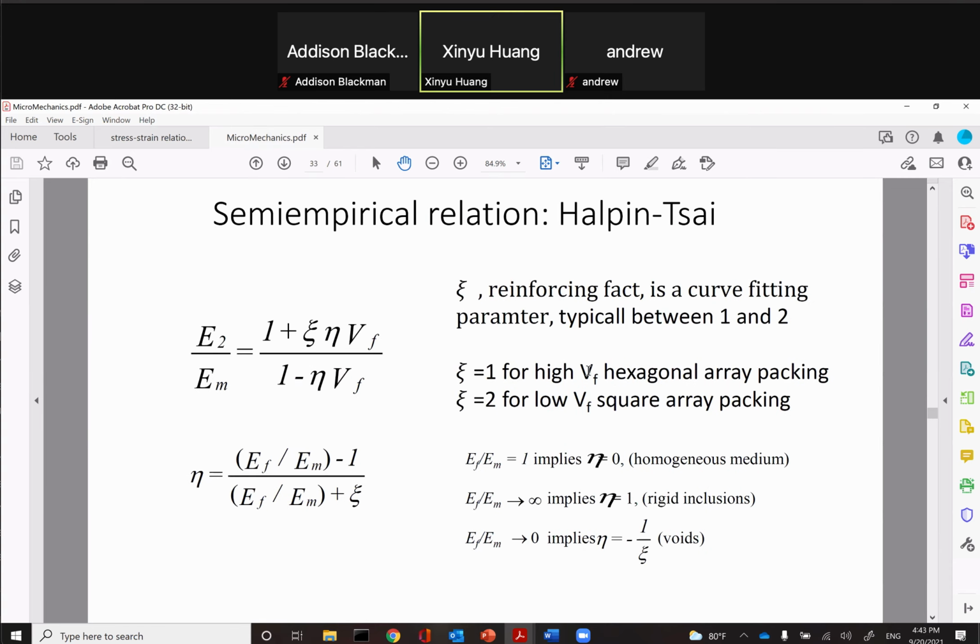This is the most famous semi-empirical model, the Halpin-Tsai equation. These are the people who invented it. He just said the property, for example the Young's modulus in the transverse direction, is dependent on the matrix property plus this bunch of things.